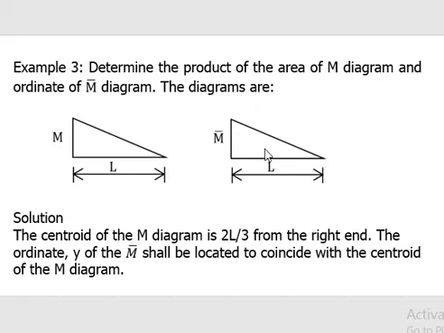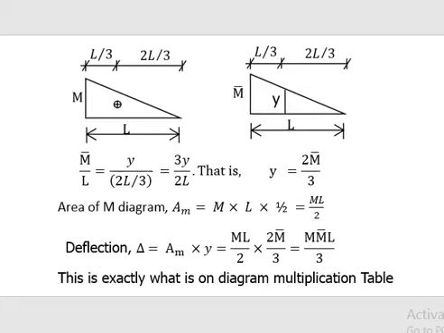The ordinate of this M bar diagram should be at the position of the centroid of the M diagram. Then multiplying the area of the M diagram and that ordinate will give the displacement. After doing that, the value we got tallied exactly with what you have on the table.